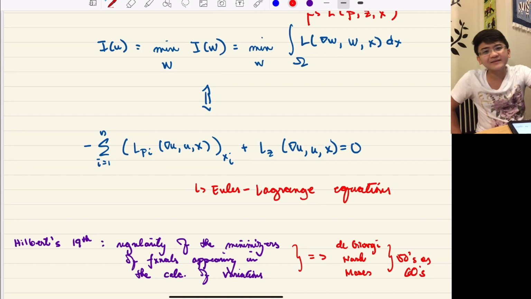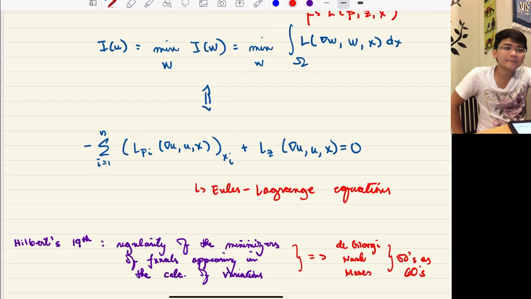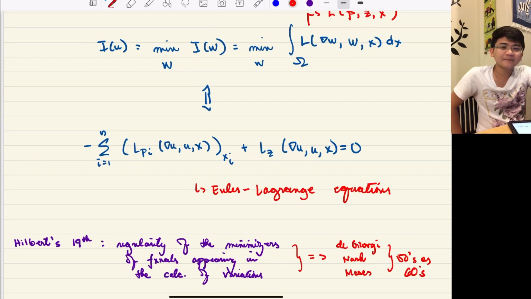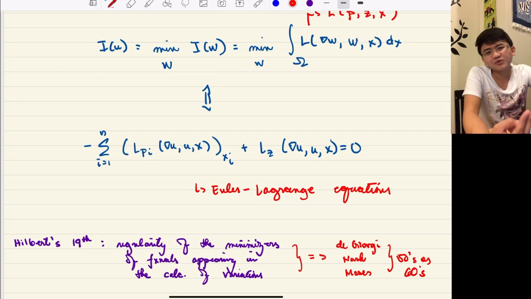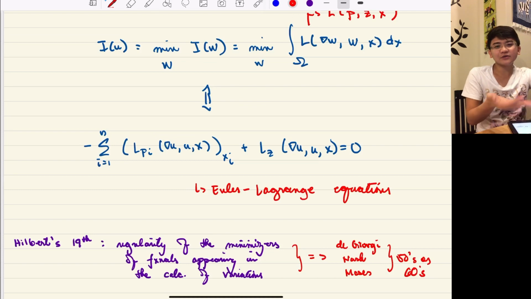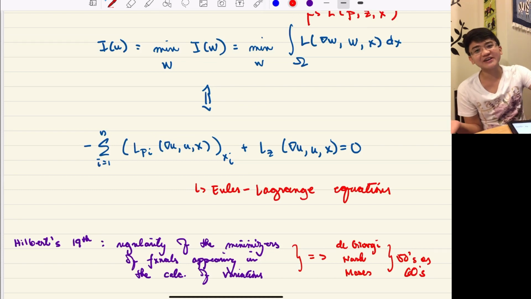The goal of this set of lectures is to look into the regularity of certain elliptic PDEs in divergence form. We're going to look at two things: how to get regularity using perturbation methods, and how to get regularity using the techniques that De Giorgi and Moser came up with.